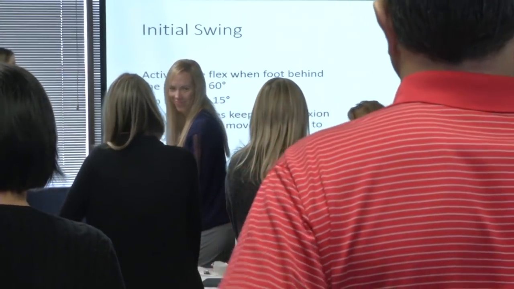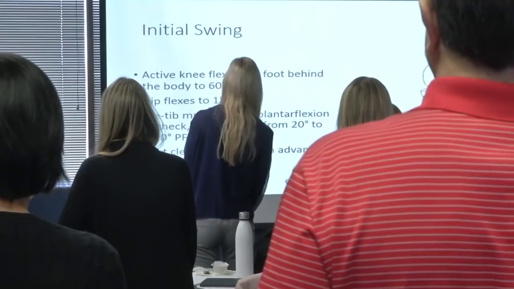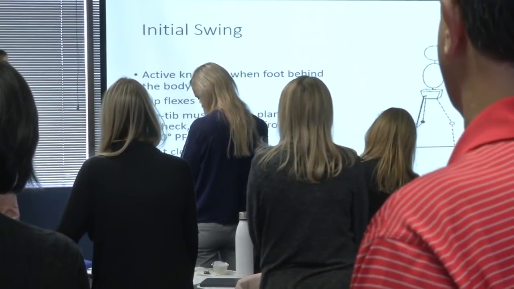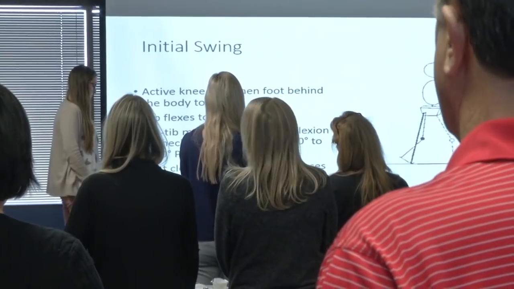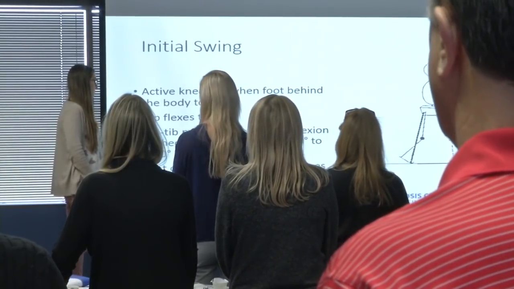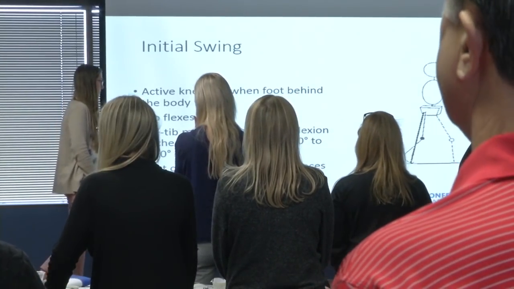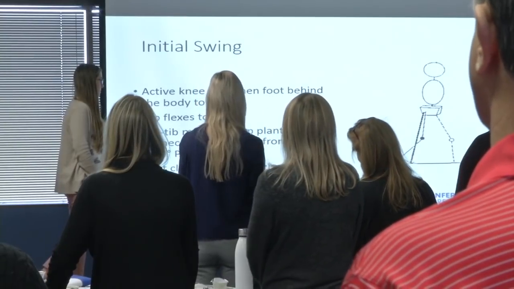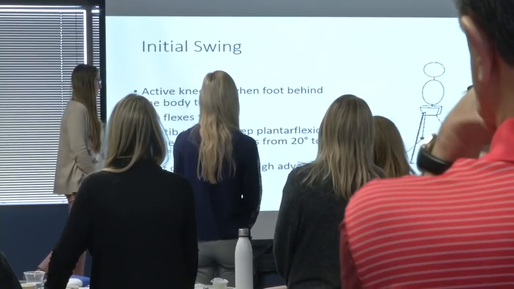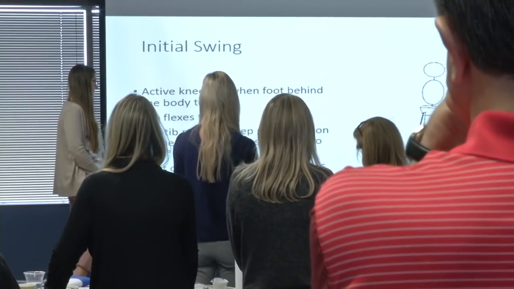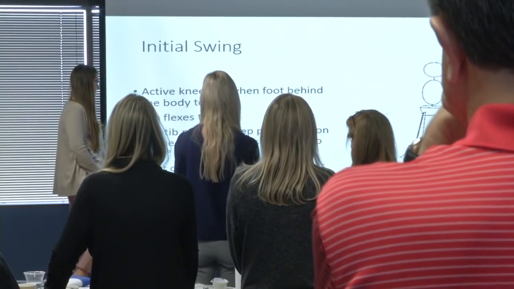Next, we'll transition to initial swing, and this is when we're exiting the passive movement of pre-swing and entering active movement of swing phase. Active knee flexion from approximately 40 to 60 degrees is achieved in this phase. The hip's going to start in about a neutral position and flex to approximately 15 degrees because of activity of the hip flexors.